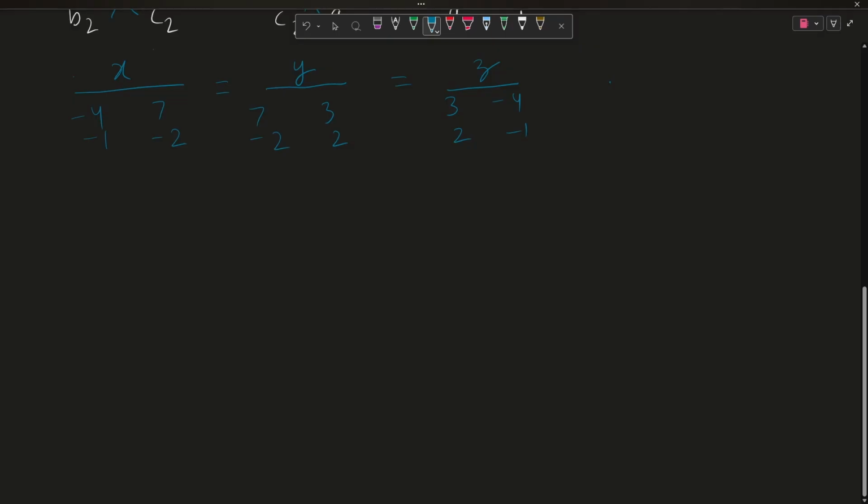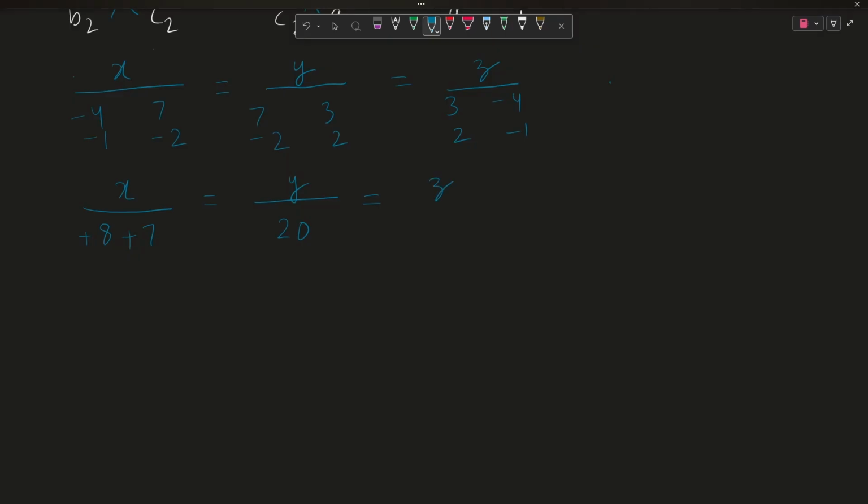Now cross multiplying these, what we will get: minus 4 multiplied by minus 2 is 8, and minus of minus 7 will be plus 7, so it will be 8 plus 7, which is 15. Y will be equal to 14 minus of minus 6, which will be 20.